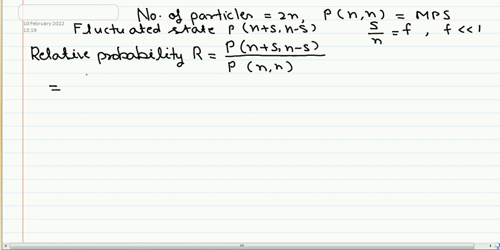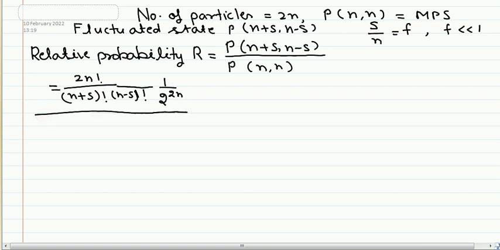For this it will be 2n factorial divided by n plus s factorial into n minus s factorial, and 1 upon 2 to the power 2n, and this whole divided by 2n factorial over n factorial n factorial, and 1 upon 2 to the power 2n.